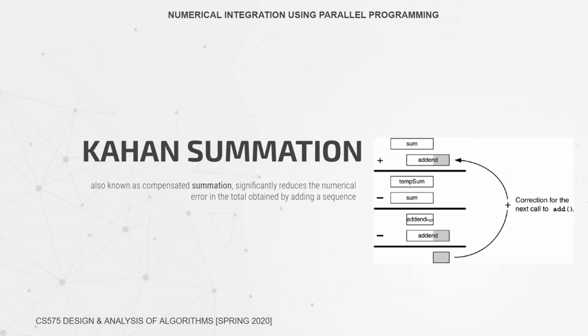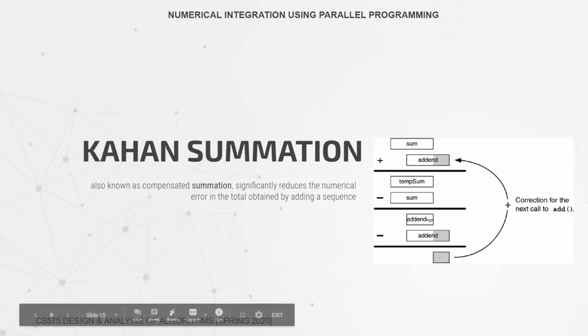Hi. The Kahan summation algorithm, also known as compensated summation or summation with the carry algorithm, is used to minimize the loss of significance in the total result obtained by adding a sequence of finite precision floating point numbers. The idea of the Kahan summation algorithm is to compensate for the floating point error by keeping a separate variable to store the running errors as the arithmetic operations are being performed.